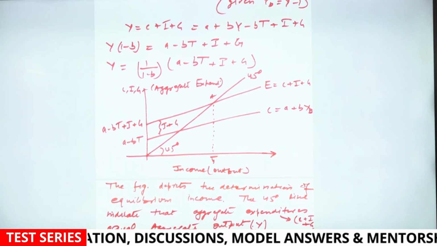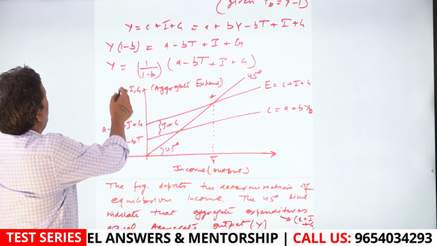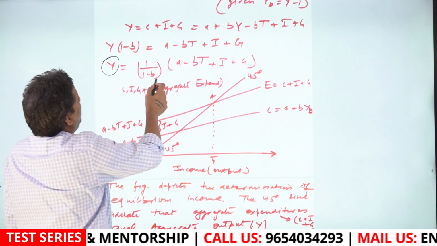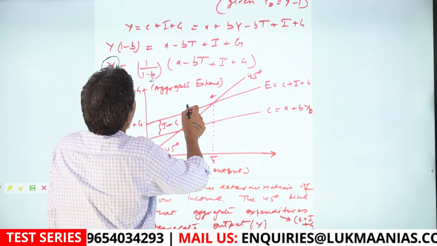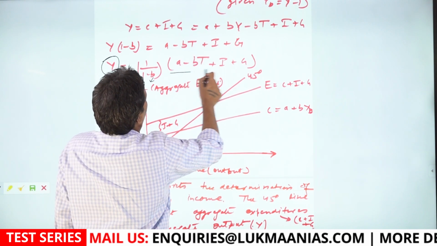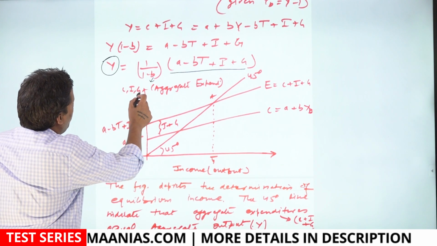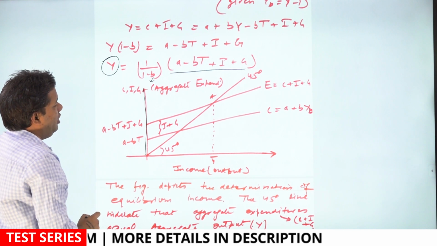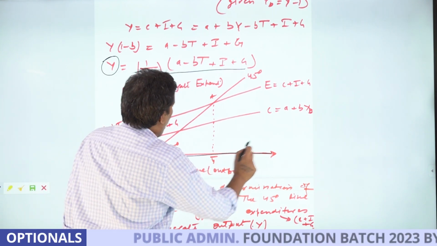Now this graph becomes important. This is your aggregate income, right? And this is your MPC, and this thing you got by algebraic manipulation. Now focus on this. What we are plotting here is your aggregate expenditure, and this is your income output.